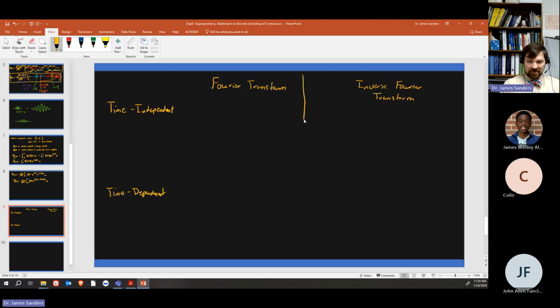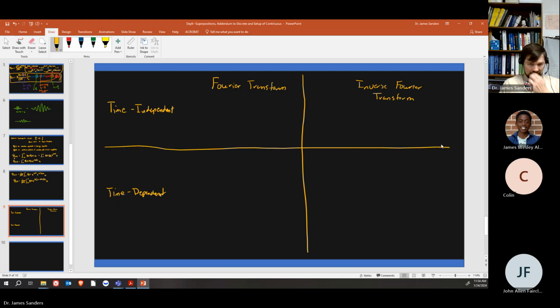So basically, I'm just going to make a little grid here. Okay. So this one right here, psi of x is the integral from minus infinity to infinity of phi sub p of p e to the i p x over h bar divided by root 2 pi h bar dp.